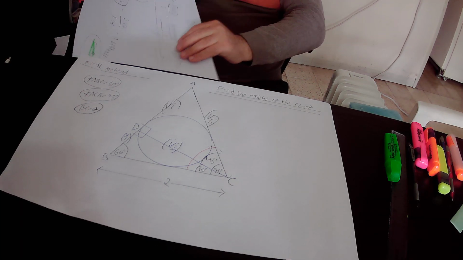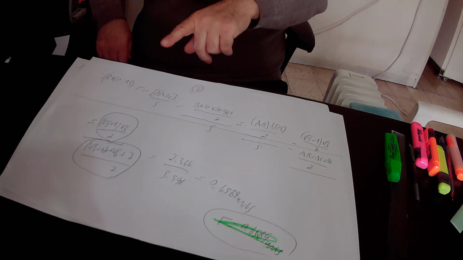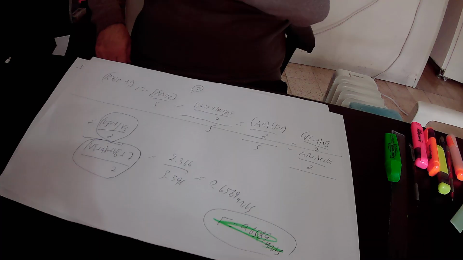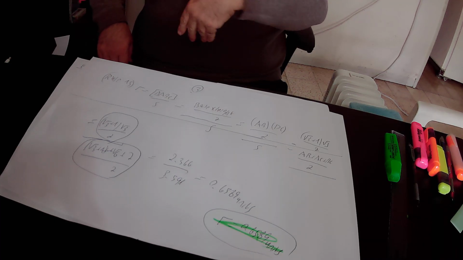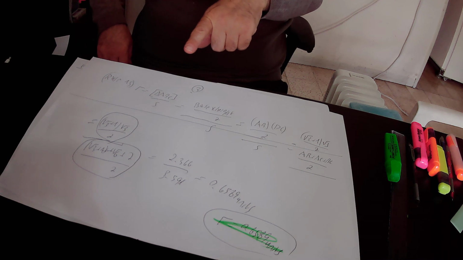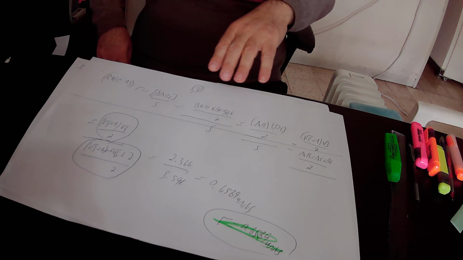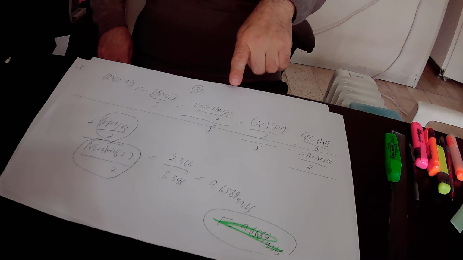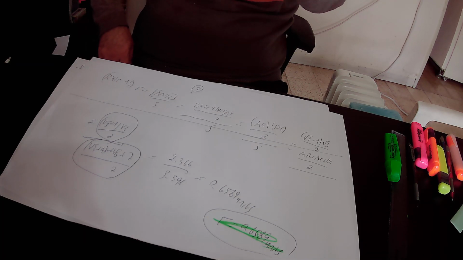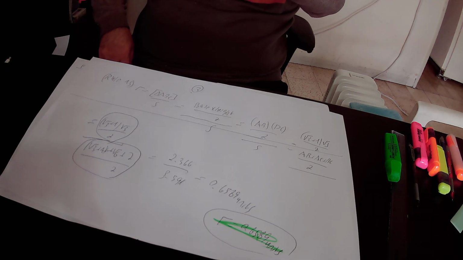So, repeat. Now, within our drawing, according to rule number 15, the radius R of the circle that we are looking for will be equal to the area of triangle ABC that blocks the circle over the semi-perimeter of the same triangle, triangle ABC. The area of any triangle is the base of the triangle times the height over 2, over S. S is the semi-perimeter of triangle ABC.